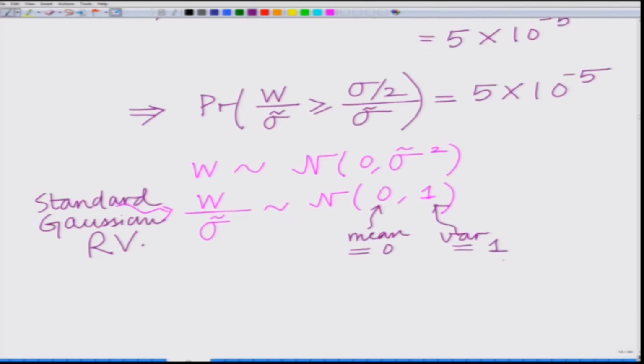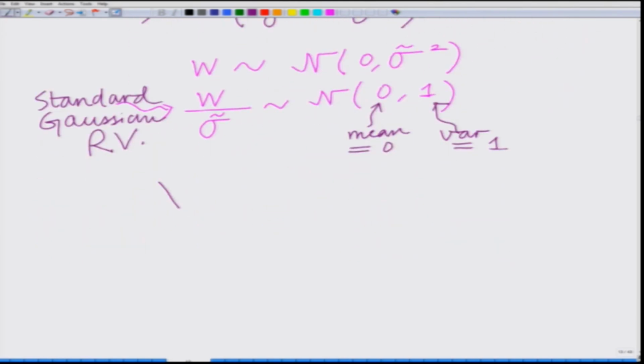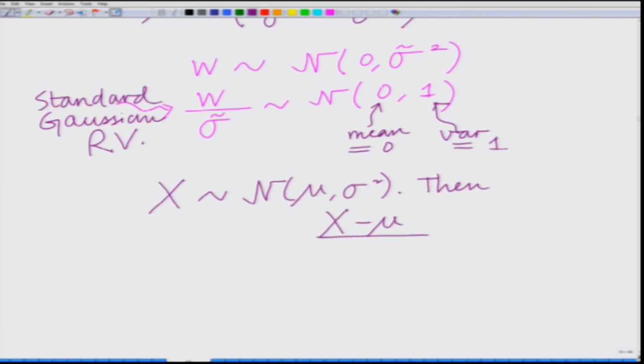Okay. For any Gaussian random variable x, if x has mean mu and variance sigma square, then x minus mu divided by sigma is also Gaussian, and this has mean 0 and variance 1, that is, a standard Gaussian random variable. So, W already has a mean of 0. So, W divided by sigma tilde has mean 0 and variance 1.